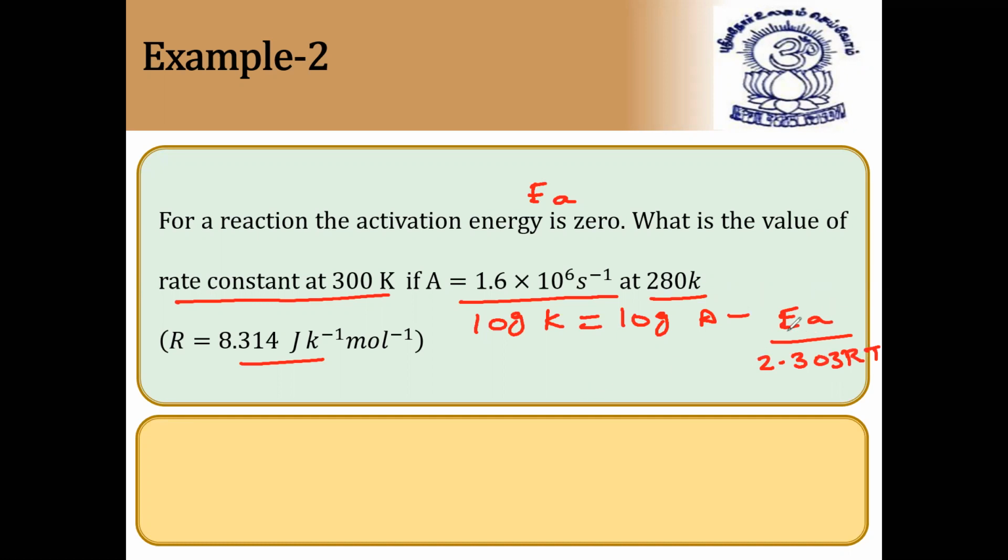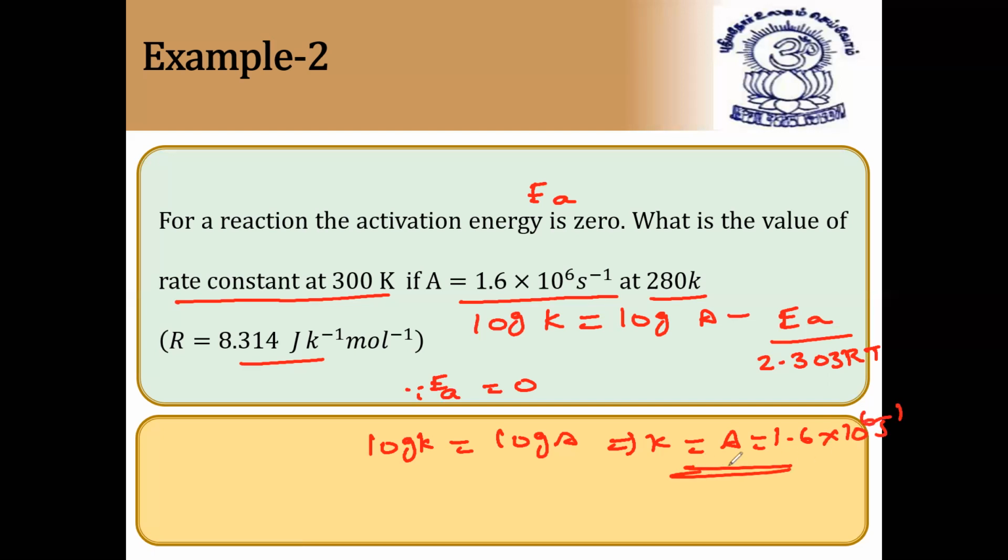Since EA, that is the energy of activation, by 2.303 RT is equal to 0, because EA is equal to 0, we can say log K is equal to log A, which implies K is equal to A, that is equal to 1.6 into 10 to the power of 6 second inverse. So this is a very simple problem, just application of concept.